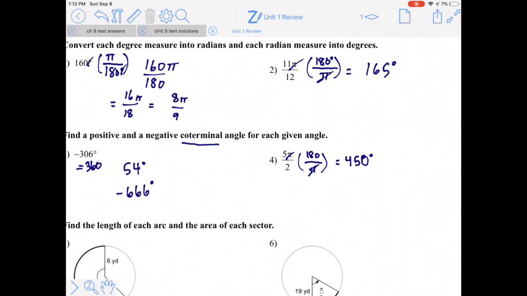And then you could add and subtract 360, because it just wants a positive and a negative coterminal angle. If I subtracted 360 from this, it's going to give me 90 degrees.